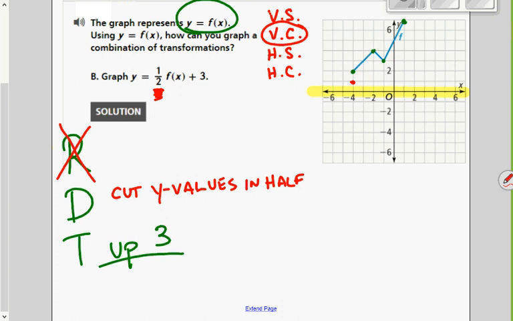Point B, -2, 4, is going to become -2, 2. I cut the 4 in half. Point C, -1, 3, will become -1, comma 1.5. That's half of 3. And finally, 1, comma 7 will be over 1, up 3.5.